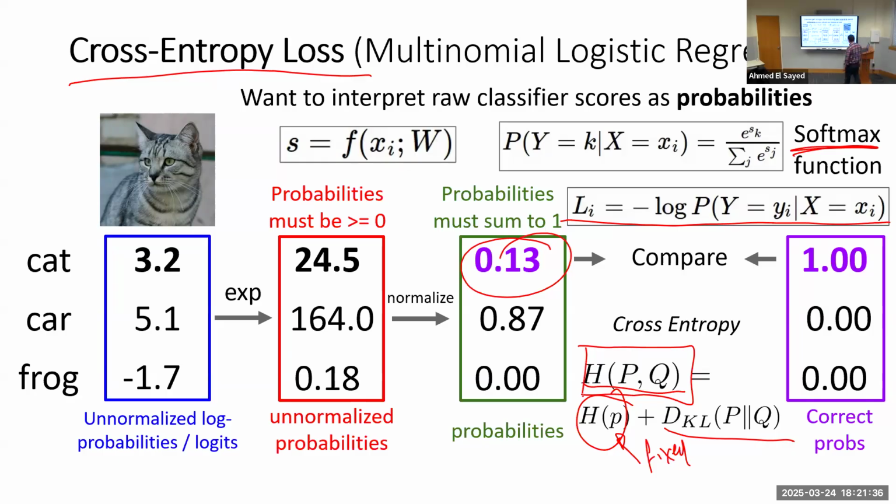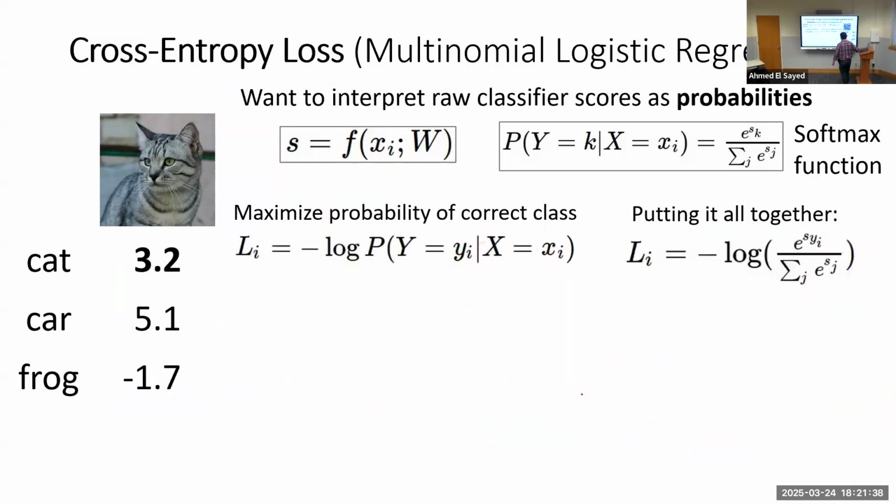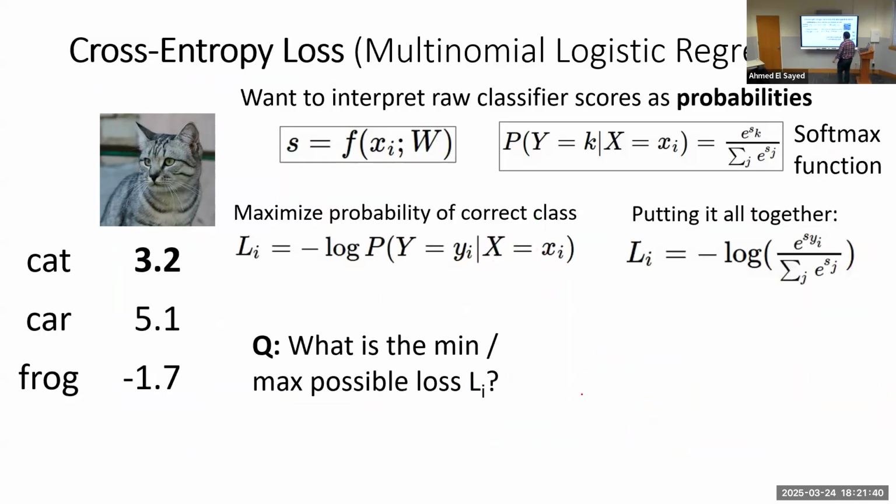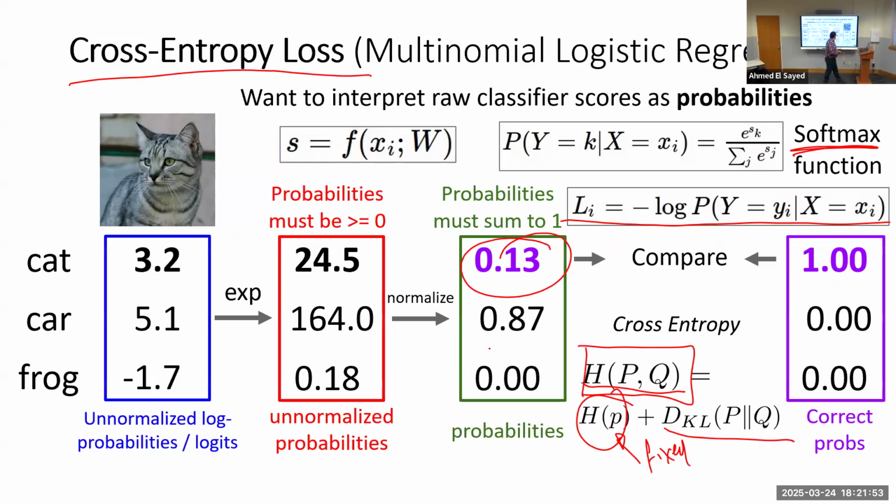Let's see. So, minimum value for this loss function. This probability equal 1, which means the value here equal 1, and the others are 0. This means I will have minus log of 1.